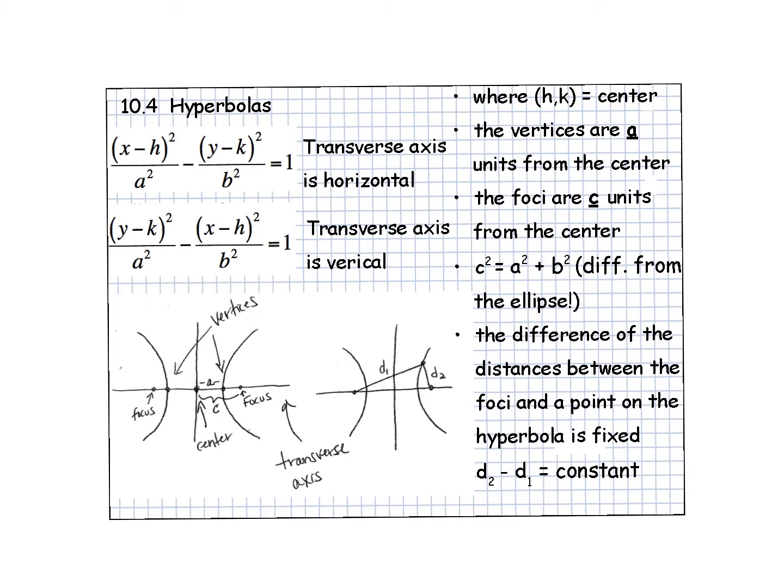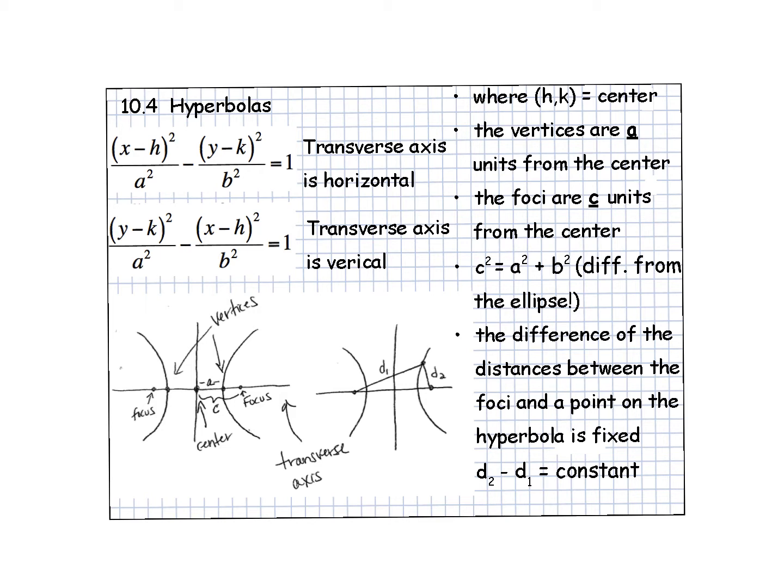So it's the difference versus the sum, okay? In terms of visually looking at the equation and saying, well, how do I know? It's subtraction. Subtraction between the two terms is what tells us hyperbola versus addition was the ellipse. Otherwise, they appear the same way.